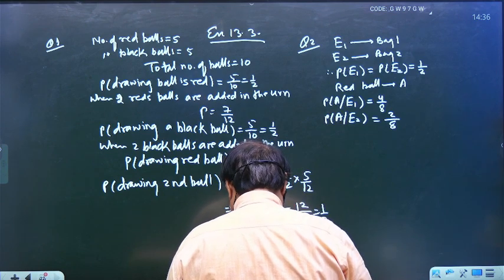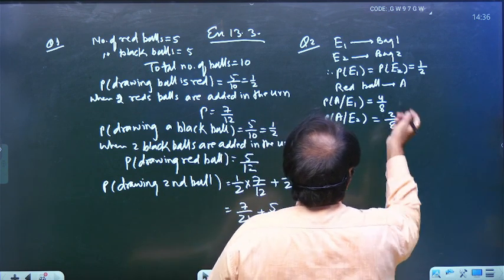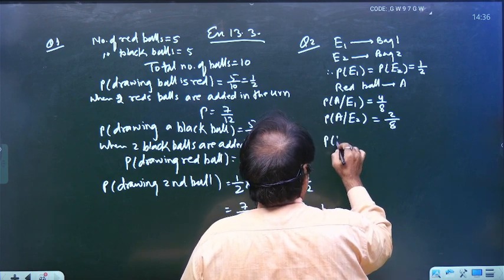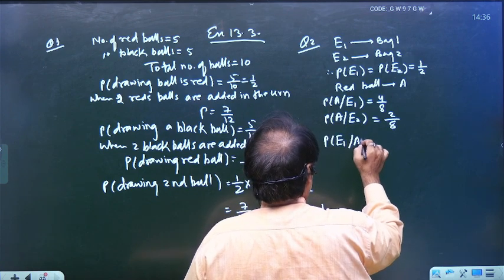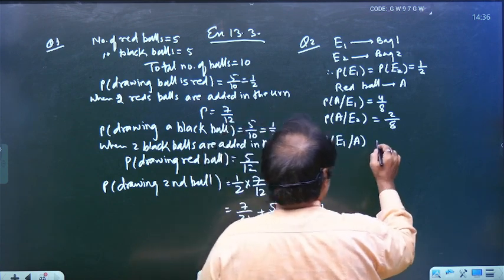Now we have to find, what do we have to find? From the first bag, so probability of E1 by A. And now apply the Bayes theorem.